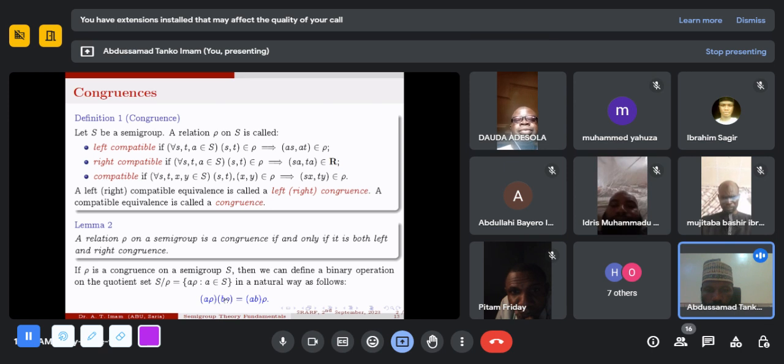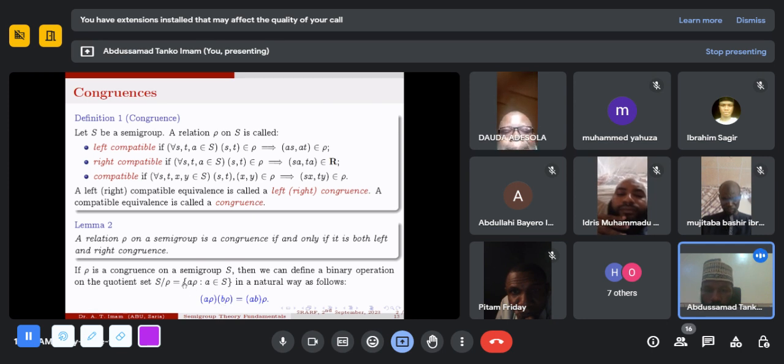So one will multiply equivalence classes in this way in order to make the quotient set into a semigroup. And this will not be possible unless the equivalence relation is a congruence.